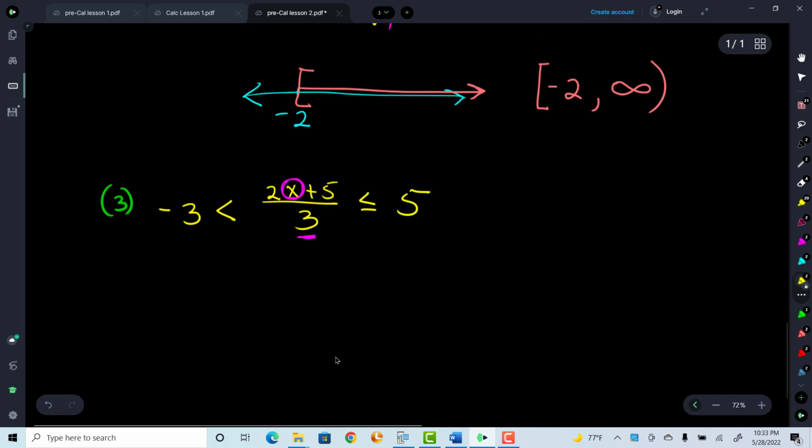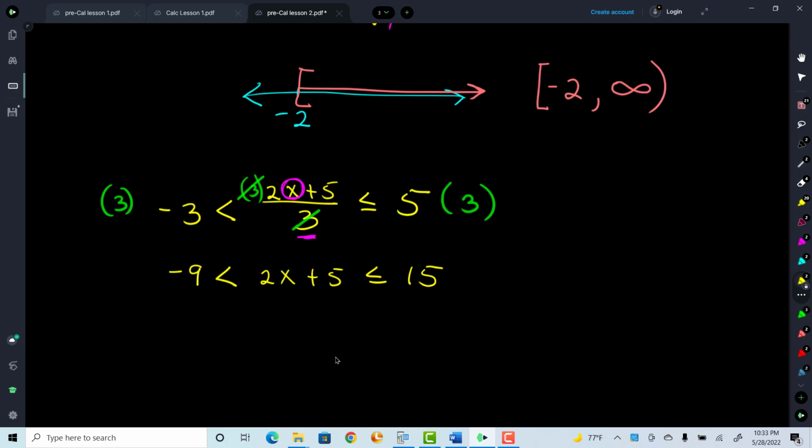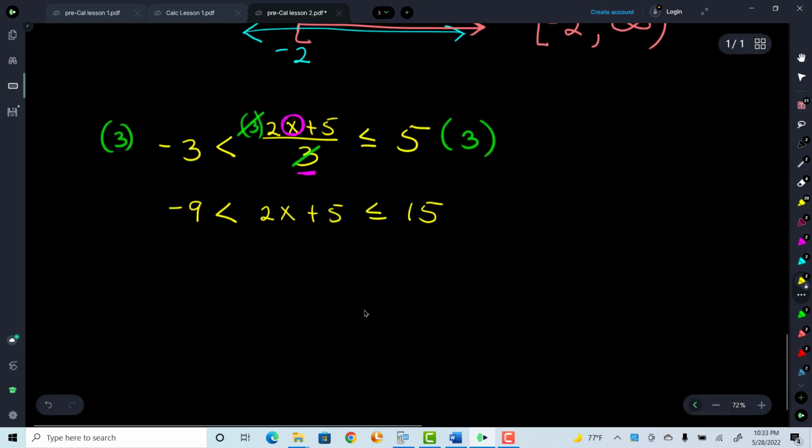So this becomes -9 less than. Now what happens when I multiply by 3 inside here? These 3's are going to cancel. So we have 2x plus 5 less than or equal to. I multiply the 5 by 3 also, so that becomes 15. Now we're going to continue to try to get rid of everything except for the x.